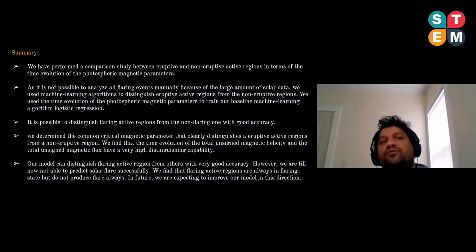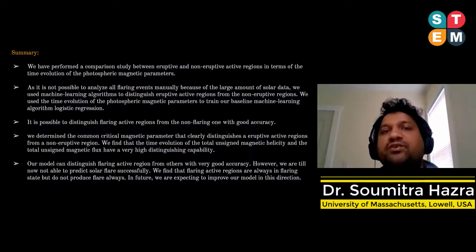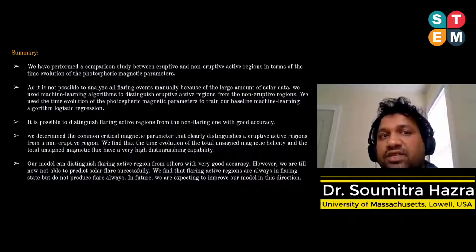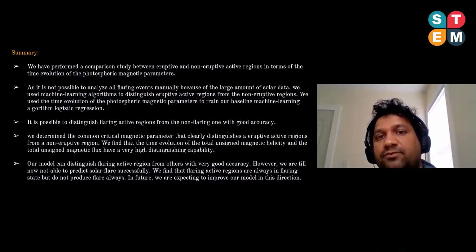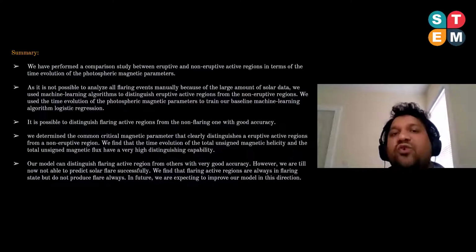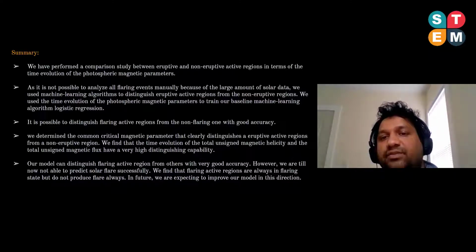So in summary, what we did, we have performed a comparison study between flaring and non-flaring active regions in terms of the time evolution of the photospheric magnetic parameters. Second, as it is not possible to analyze all flaring events manually because there is a large amount of solar data, we use a machine learning algorithm to distinguish flaring active regions from the non-flaring ones.